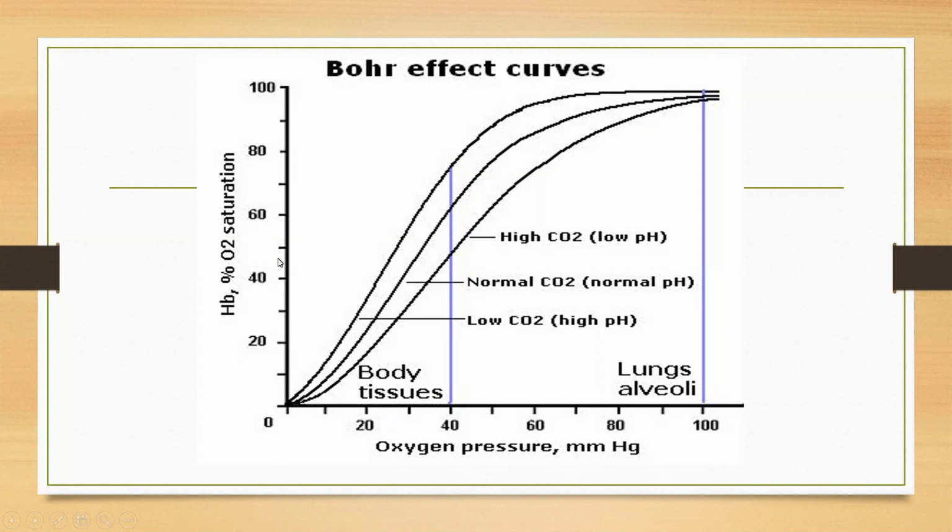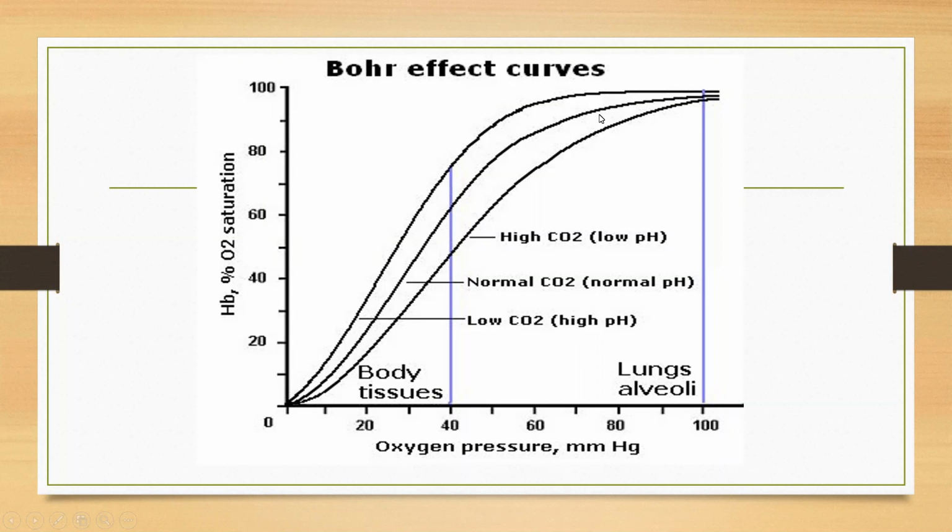This is the saturation percentage of oxyhemoglobin: 20%, 40%, 60%, 80%, and 100%. The oxygen dissociation curve is a sigmoid curve, meaning an S-shaped curve.